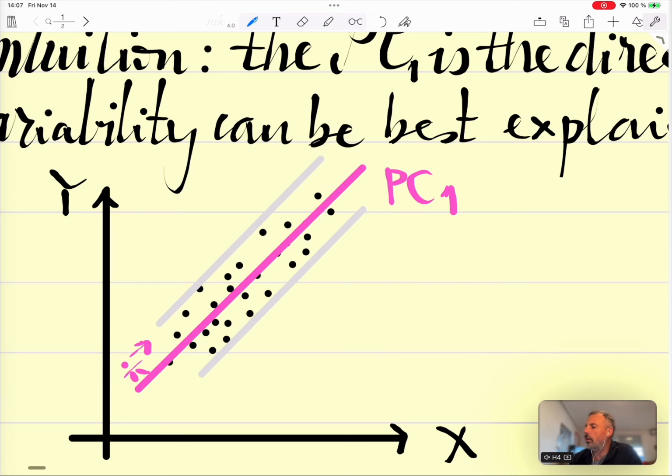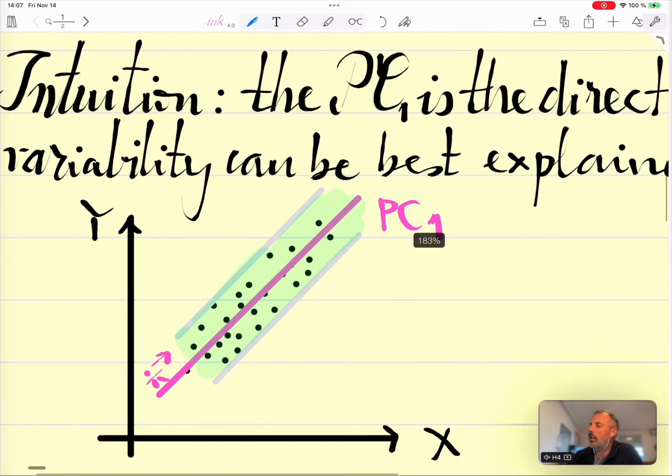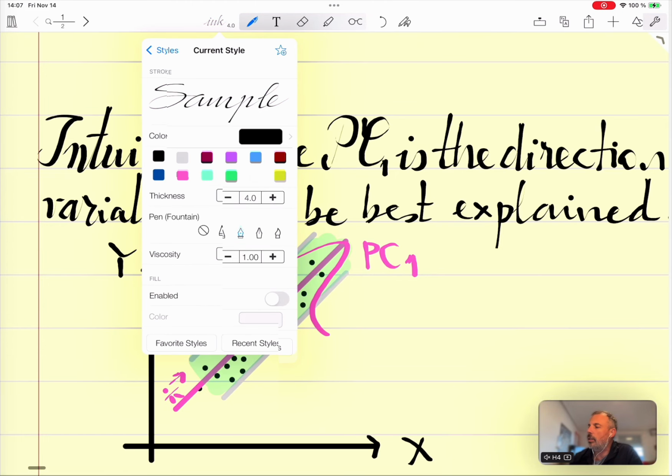If we look at this direction, most of the data are within a very short range from the middle line, from this variability line. So the standard deviation of the curve associated to this direction is small.